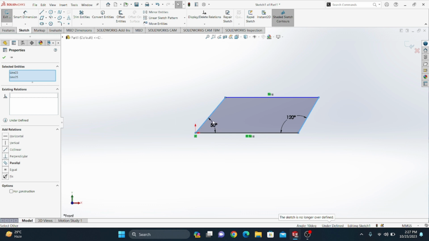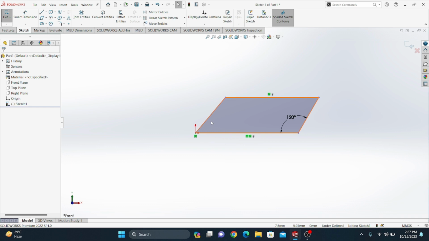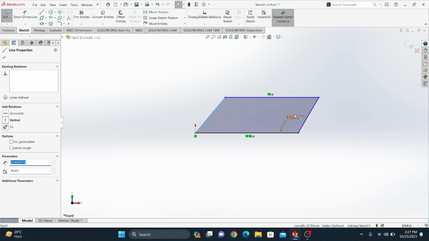A fully defined sketch, because you need to leave some room. Since you have defined both the angles, it needs one angle free to adjust according to your demand. So I have just defined one angle, which is 120 degrees, which makes 60 degrees at the other end, the internal angle, and the external is obviously 60 degrees.